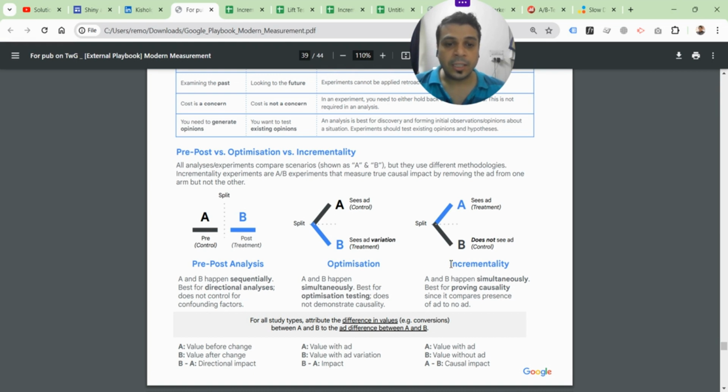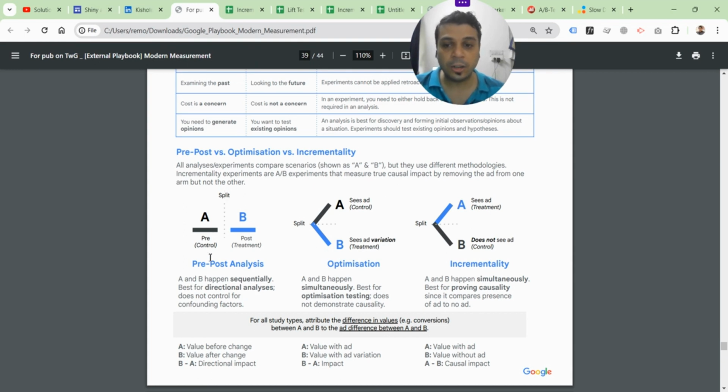So essentially, incrementality can be of different types, and strictly speaking, as you can see, pre-post analysis, or the analysis which Google describes as optimization approach, these are testing, of course, and they are very similar to incrementality, but they are different kinds of A/B experiments.